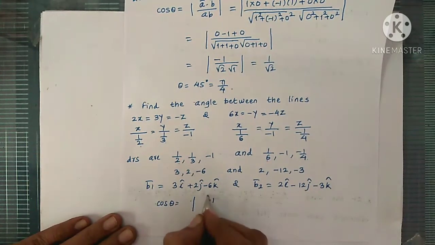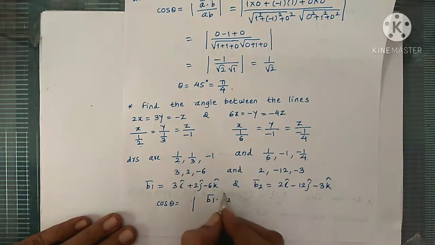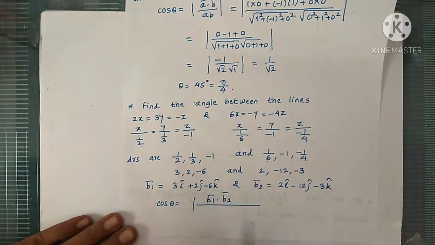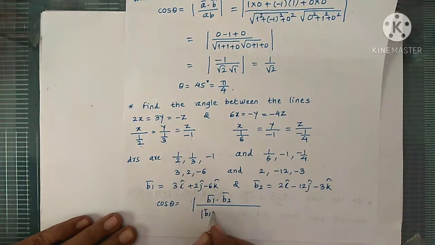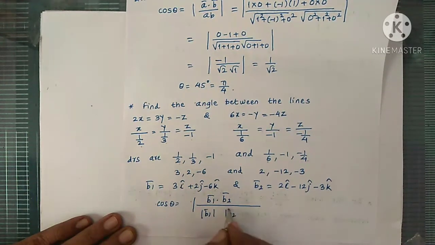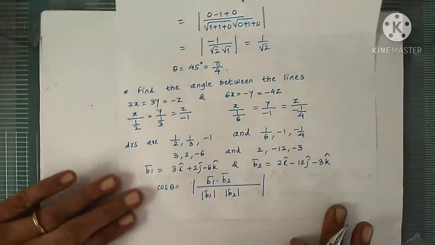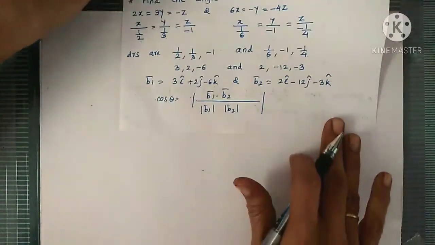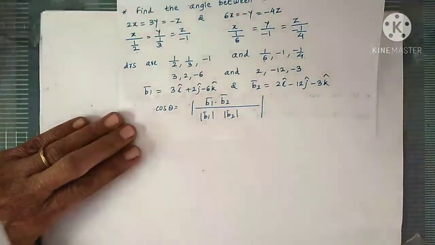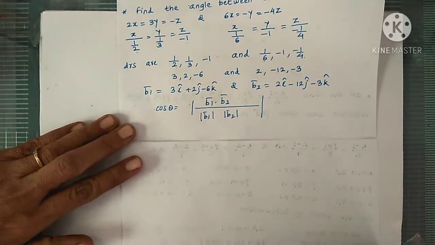If it is an acute angle, we take modulus of b1 bar dot b2 bar divided by modulus of b1 bar modulus of b2 bar, or you can just write b1 b2. So let's write the dot product first.